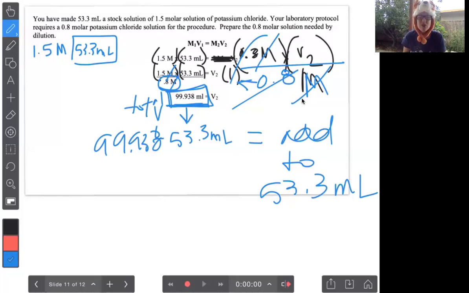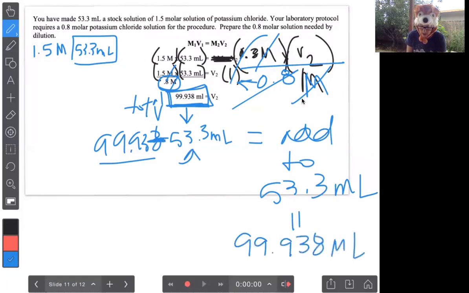And so we have to add not that volume to our 53.3. We need to add 53.3 mils less than that so that our total ends up equaling this 99.938 mLs to get back to our total volume.